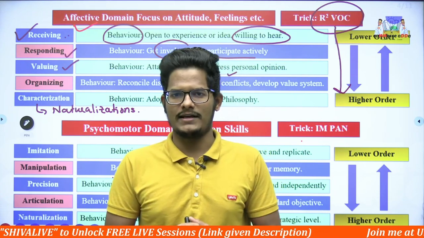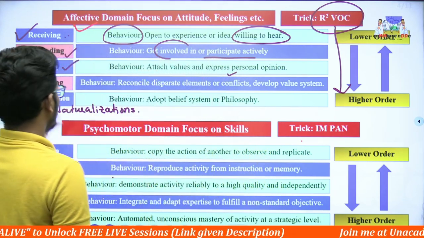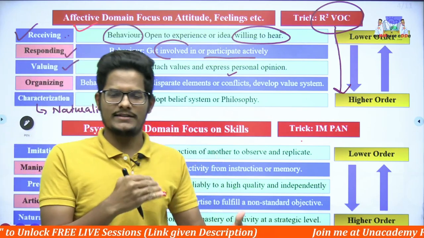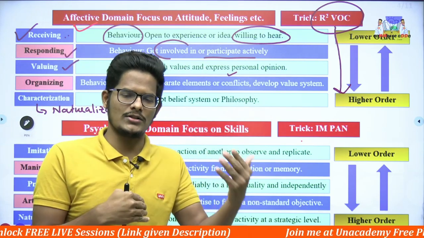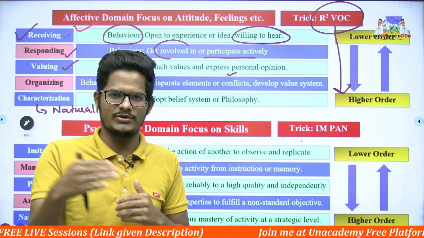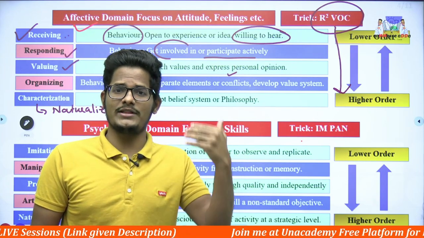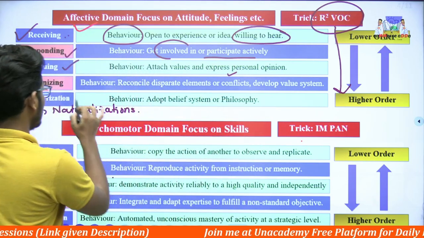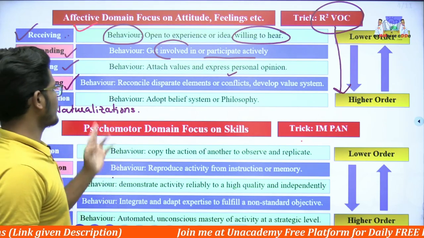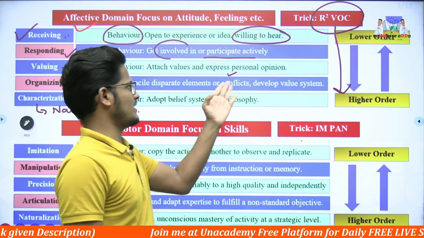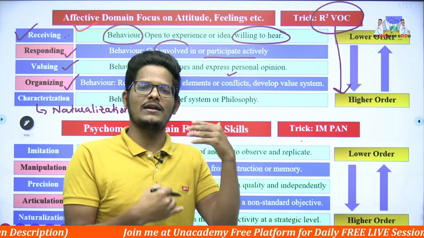But a conflict is there. In such a case, what do you need to do? How to reconcile those conflicts, how to solve those disputes between you and the other person, and how your attitude is going to be in that situation. That is dealt with under stage number 4, which is reconciling disparate elements or conflicts and developing a value system.